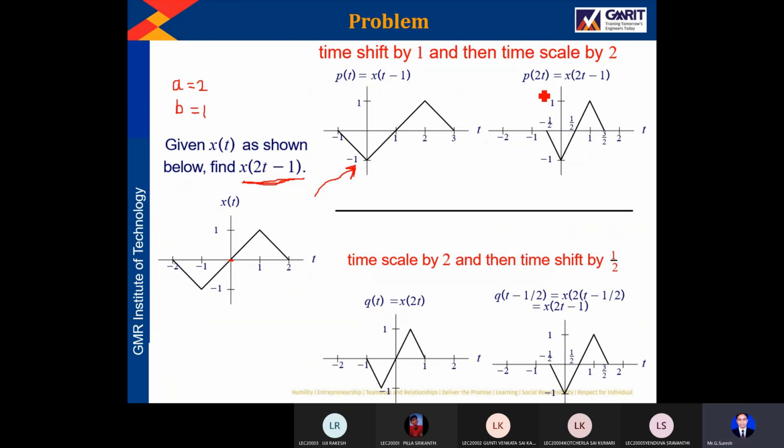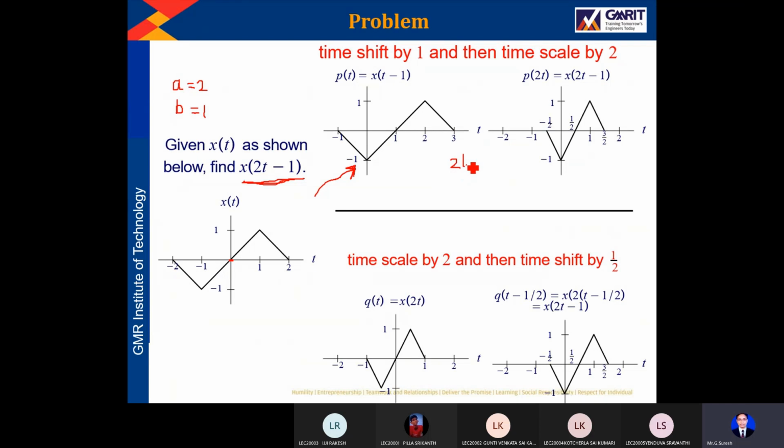Then you perform the scaling operation, scaling by 2. These values range from minus 1 to 3. How can you get that?